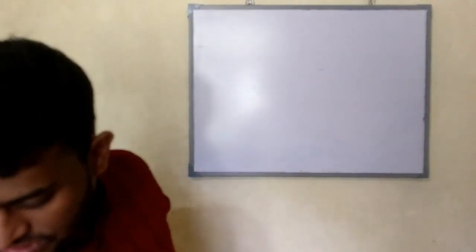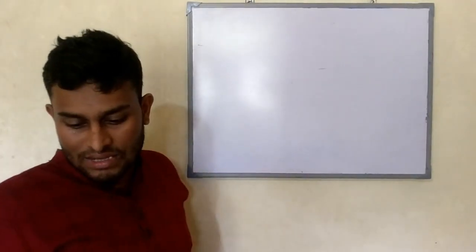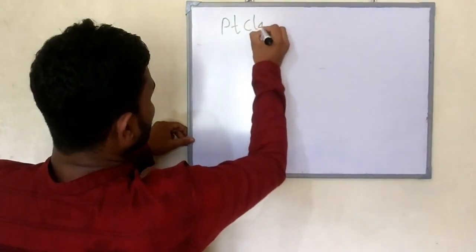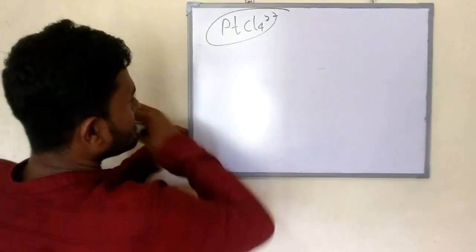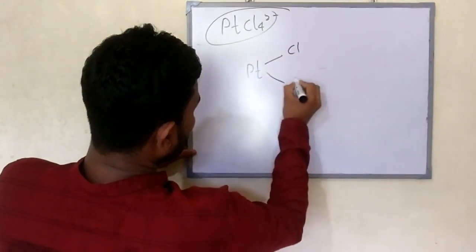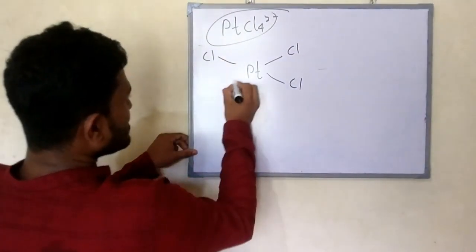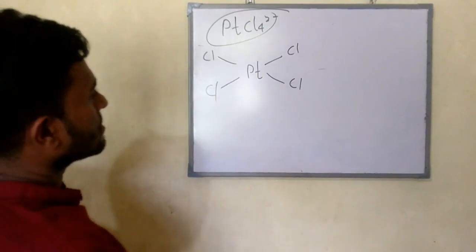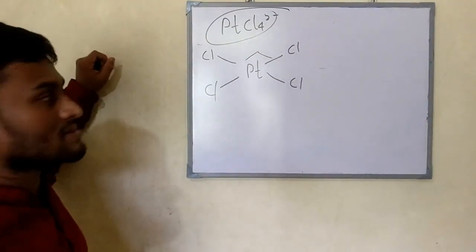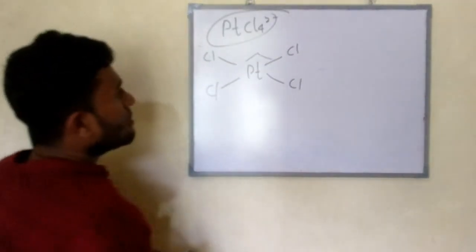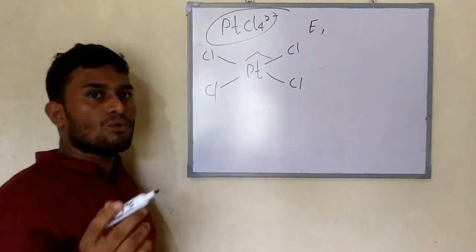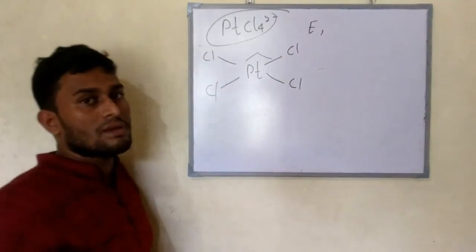Okay, your next example will be PtCl4 2 minus. It will be like this. This is a planar molecule and each axis is oriented with 90 degrees. So when you are going to see the symmetry elements, first you want to see the rotation through the middle.